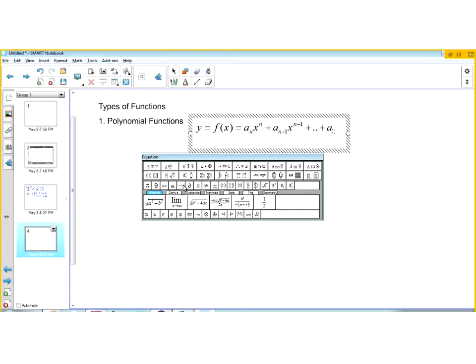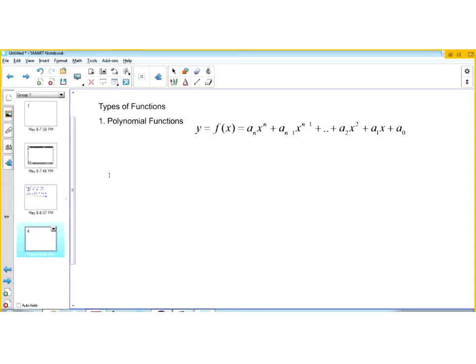The last two terms of a generalized polynomial would be a sub 2 x squared plus a sub 1 x plus a sub naught, the constant term, right? So this is the expression for a generalized polynomial.